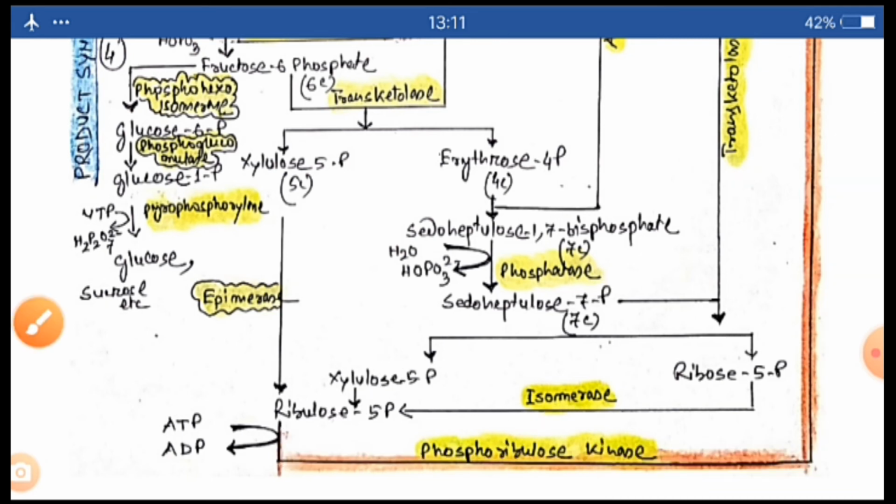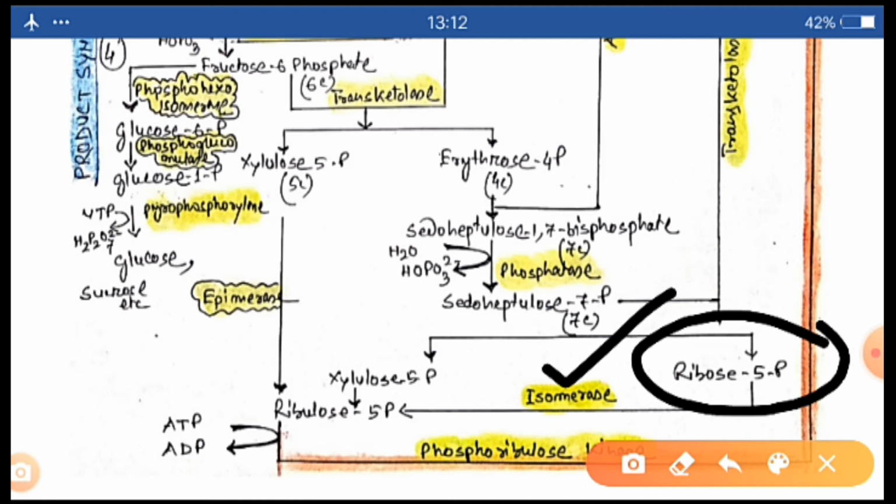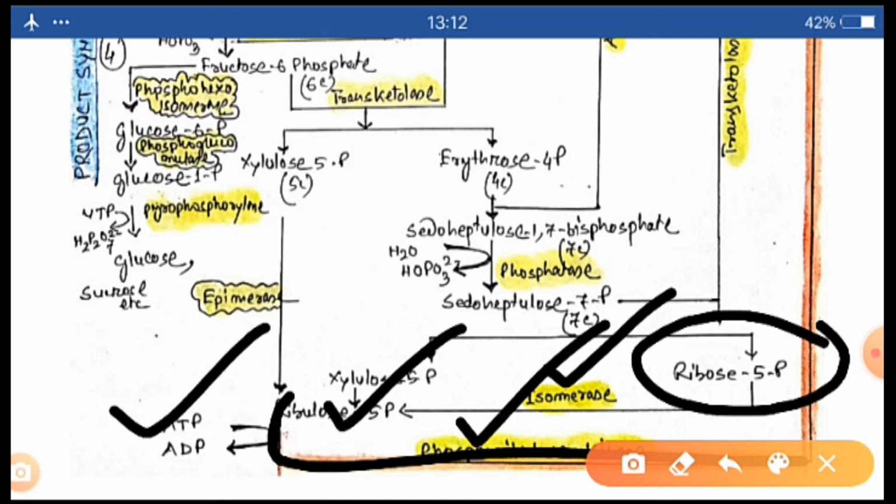So, what is the remaining product? Or we may say that we have now ribose 5-phosphate. So, isomerization will take place. This ribose 5-phosphate will be converted to ribulose 5-phosphate in the presence of the enzyme isomerase, and ultimately again this one will be converted to RuBP by the utilization of ATP in the presence of the enzyme phosphoribulokinase.